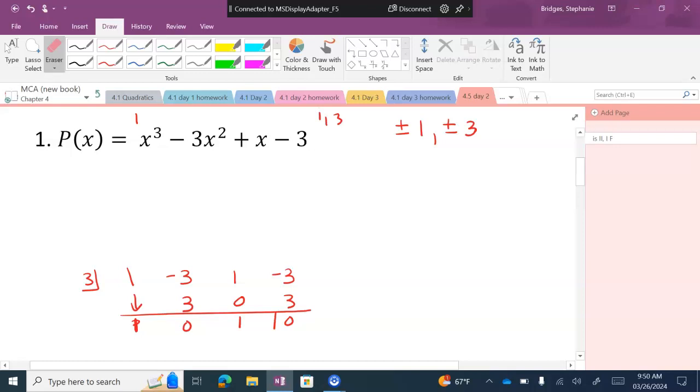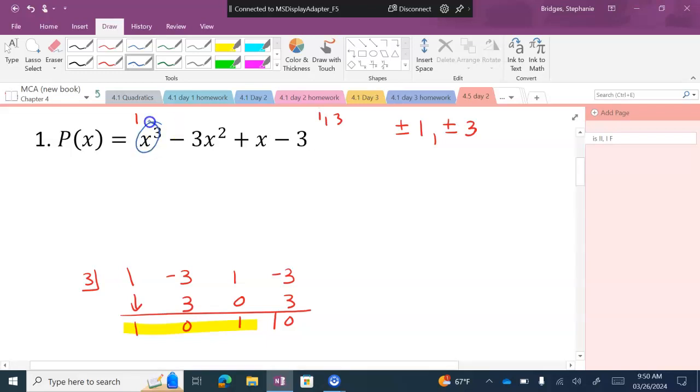Step 3, once we get it down, we've divided enough times, we only had to divide once. We're going to write the quadratic equation that I have left based off of my numbers in my synthetic division. Okay, so we're focusing on these numbers here. Do you remember how we did that?